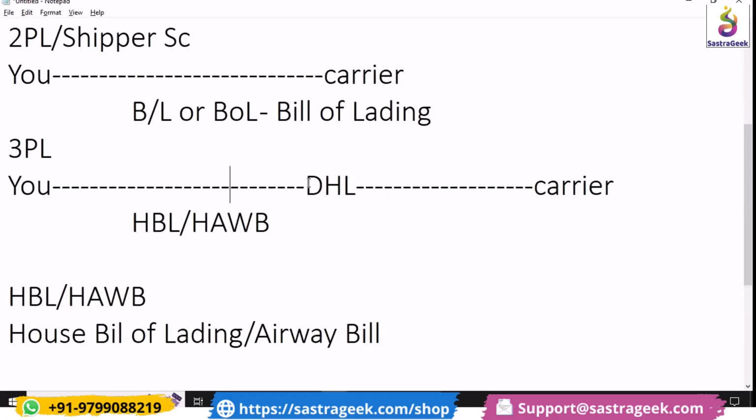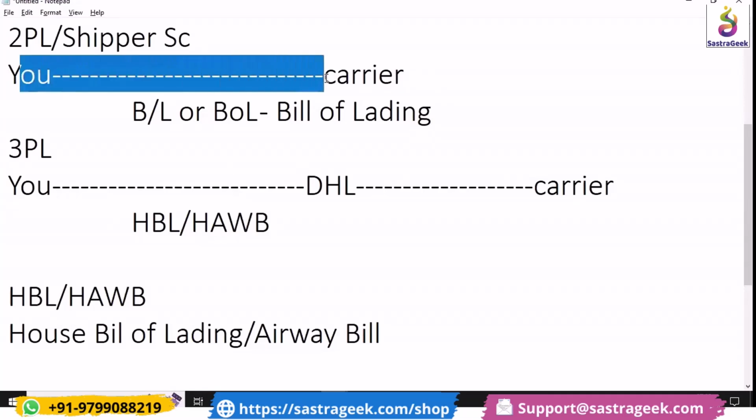Just take your example. Okay, you are a big company. Suppose either you are a big company or an individual. Ultimately, whenever you reach out to DHL, DHL issues you a receipt. Unlike the case over here where you are issuing a receipt to a carrier, because the carrier has nothing to do. You simply will be moving the goods. So you'll have to make sure of what all things you are handing over to the carrier, and hence you issue a bill of lading.